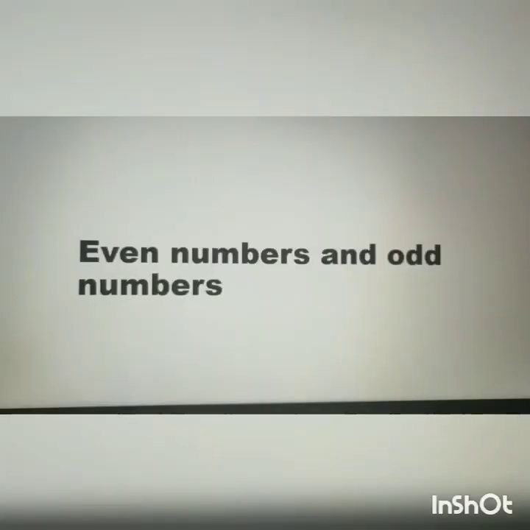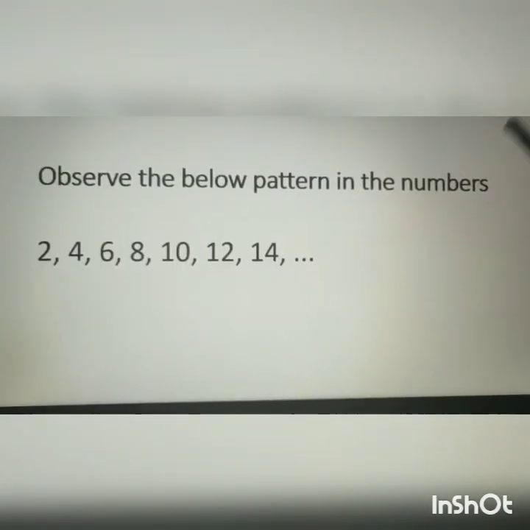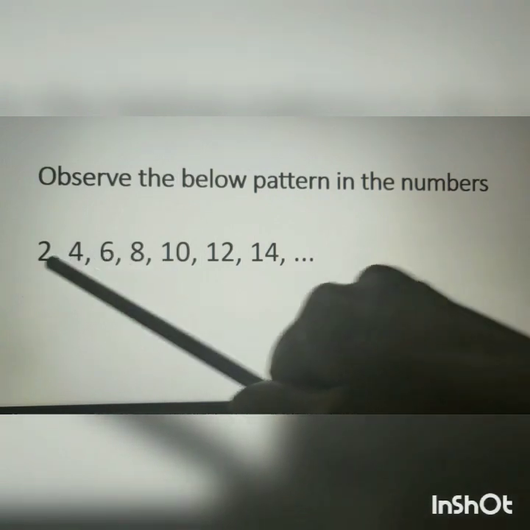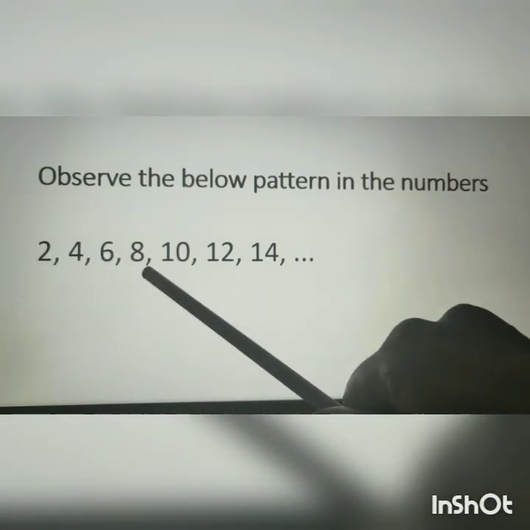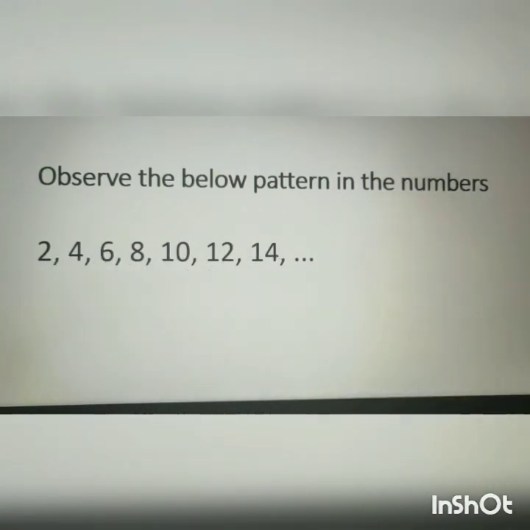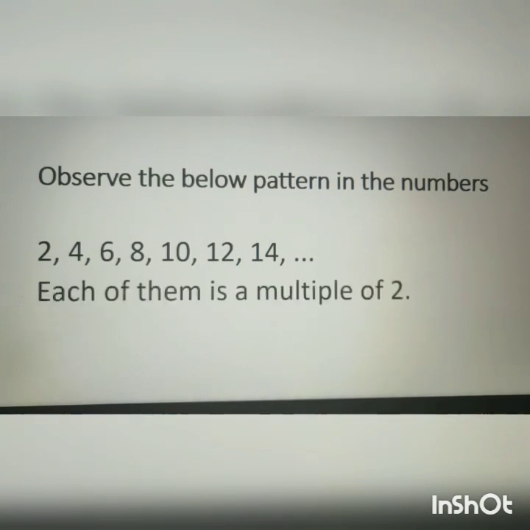Now let us discuss what are even numbers and odd numbers. Observe the below patterns in the numbers: 2, 4, 6, 8, 10, 12, 14. We know these are multiples of 2.